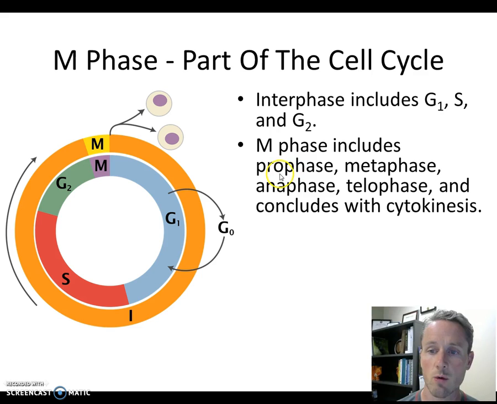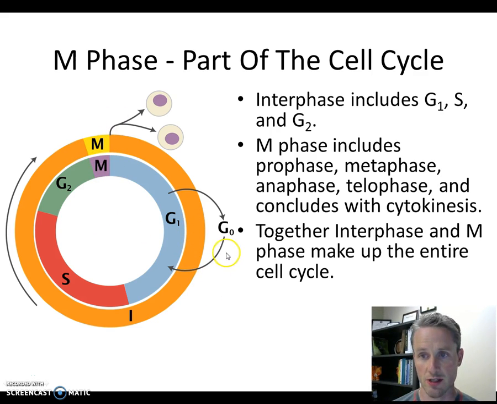So during the video, we're going to talk about prophase, metaphase, anaphase, telophase, and cytokinesis. All those steps are jammed into this M phase part. So together, M phase and interphase combine to make this complete cell cycle. And again, the cells progress through the cell cycle anytime they're going to divide.